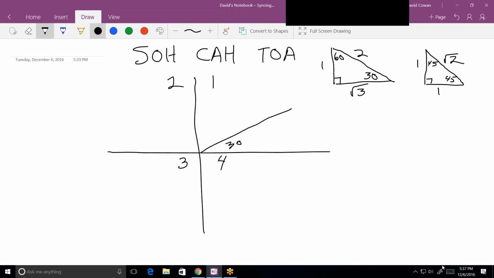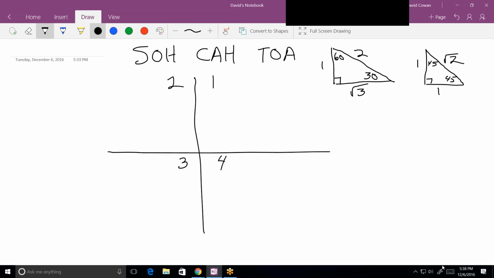Cosine is adjacent over hypotenuse, that would be √3/2. Okay, now, so we're good in the first quadrant. You can do every one of those, no matter whether I gave you secant or cosecant or cotangent. As long as the angle is 30, 45, or 60, you're going to get it from these two triangles, right?